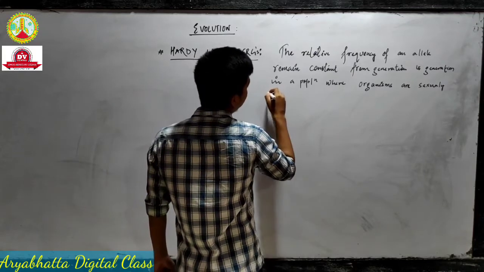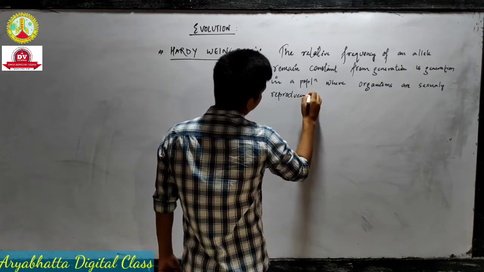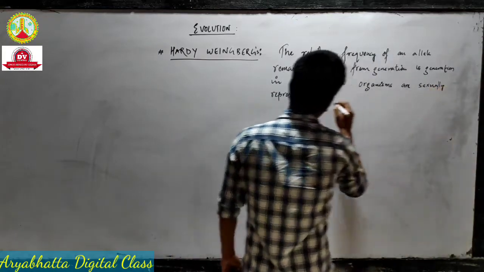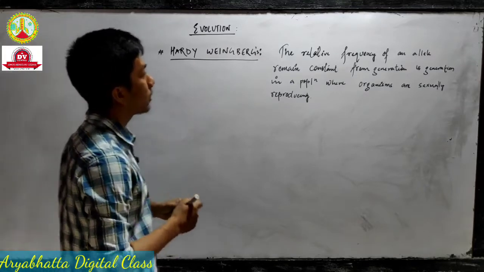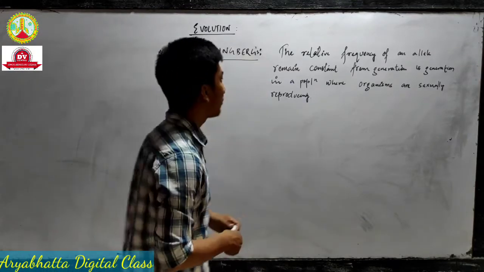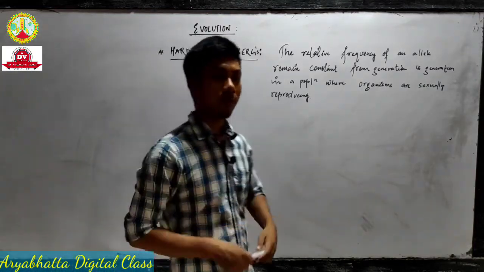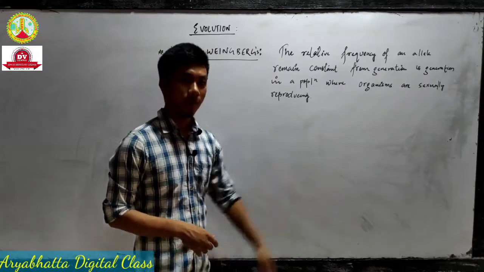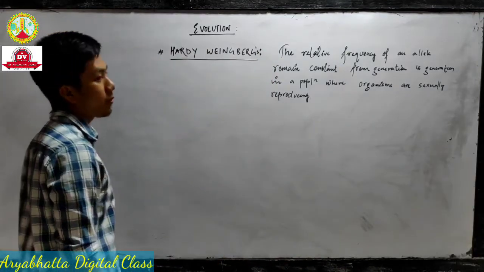I don't know. Maybe double L. Sexually reproducing. Got it? The relative frequency of an allele remains constant from generation to generation in a population where organisms are sexually reproducing. So that is known as Hardy-Weinberg.